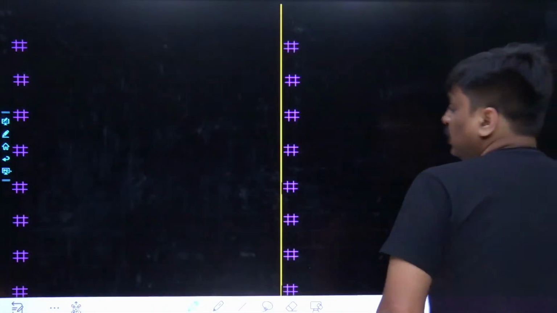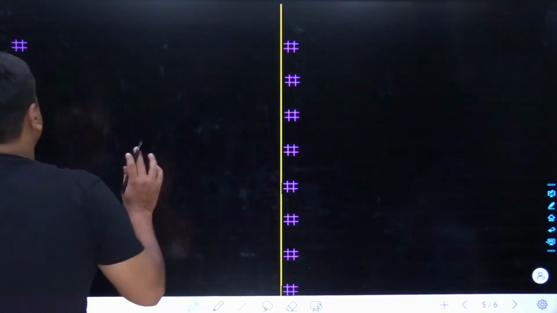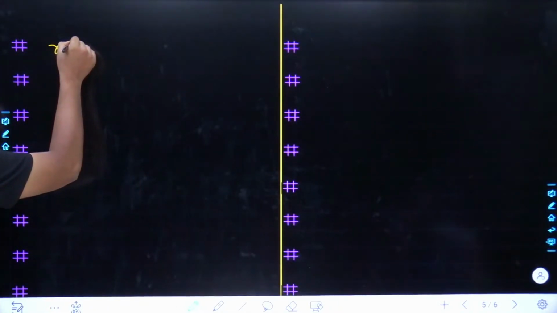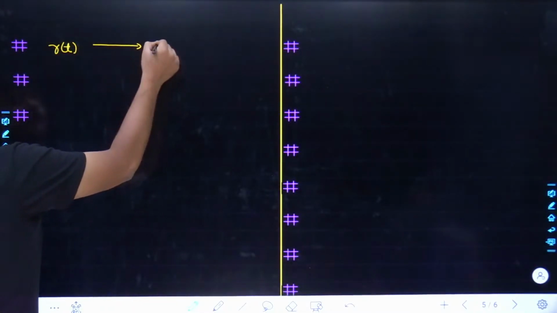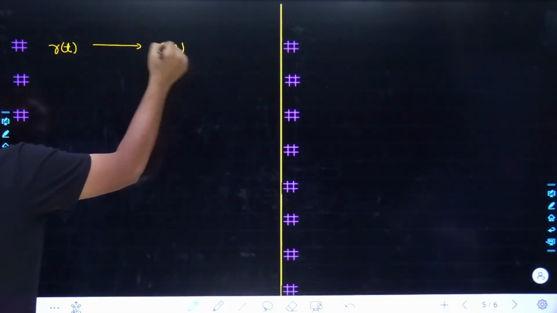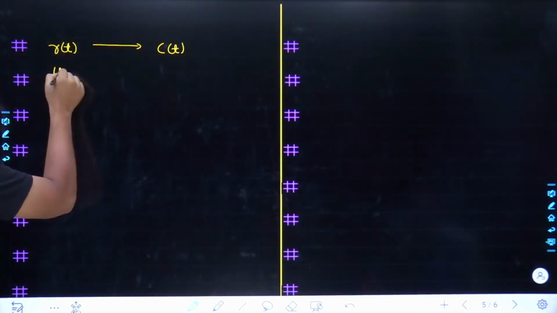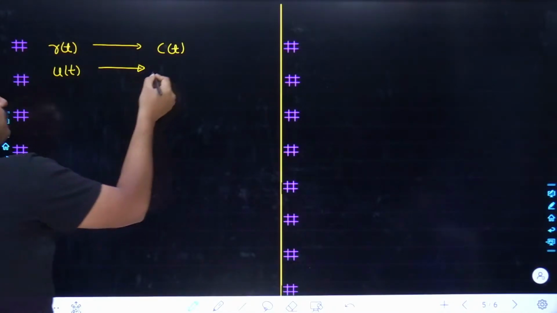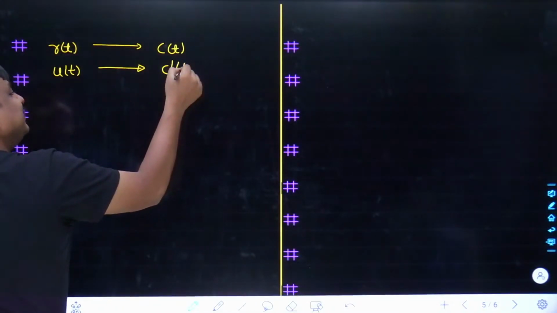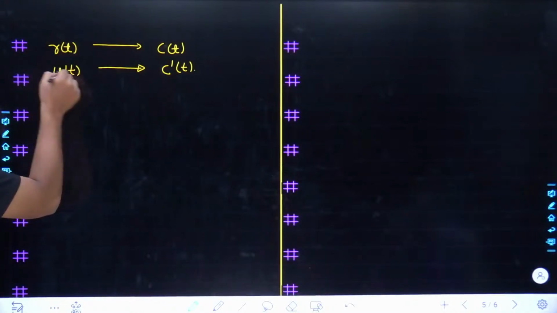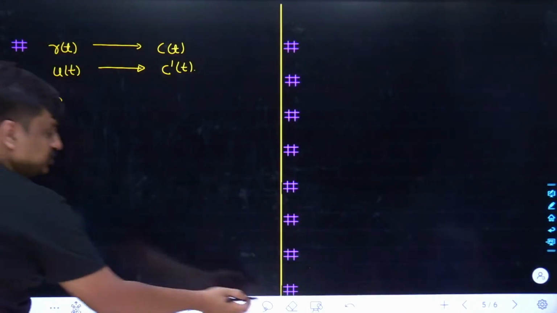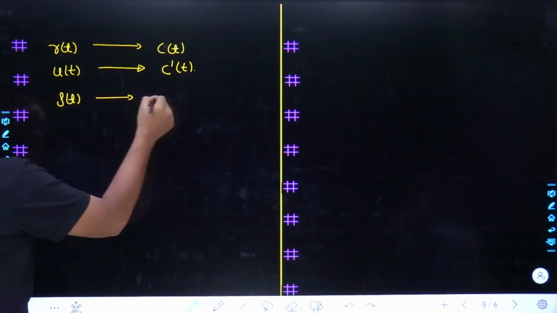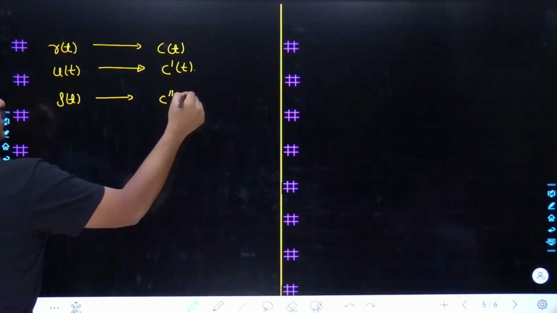So what I'm saying is, if you have the same system, the system has not changed, for the unit ramp input, if the output is c(t), in that case, if the input is changed from unit ramp to unit step, the output is simply going to be c dash t. And similarly, if the unit step is changed to the unit impulse, further differentiation would take place.